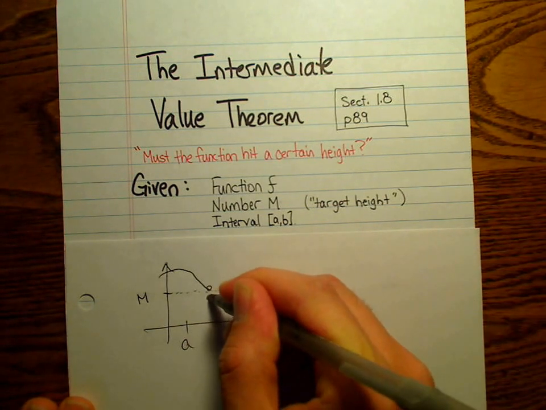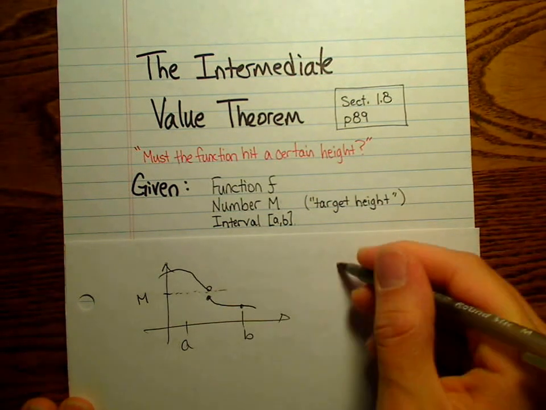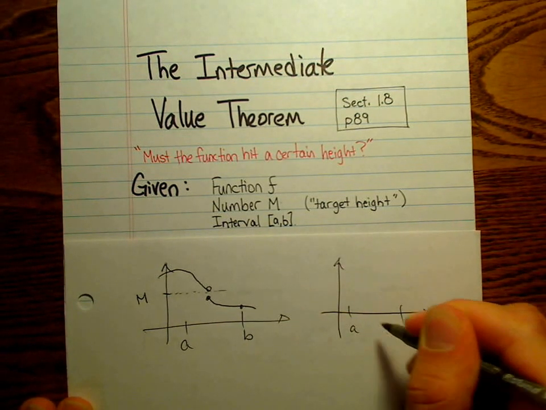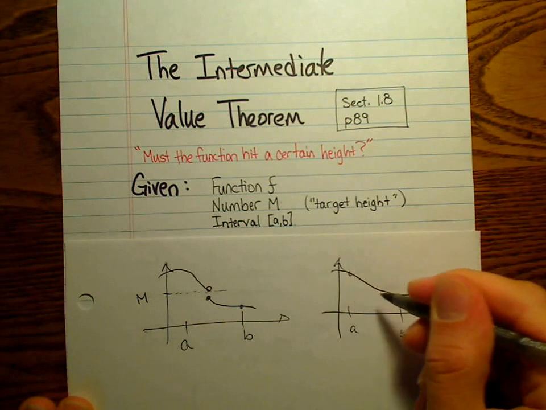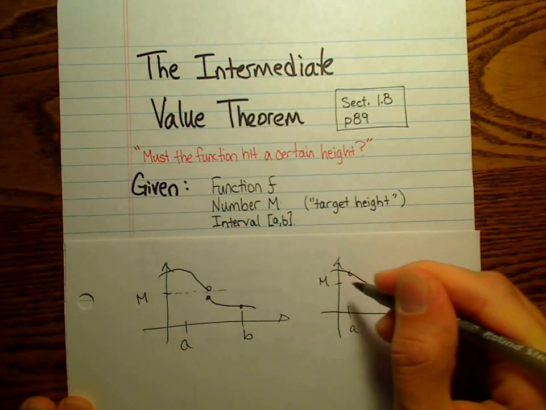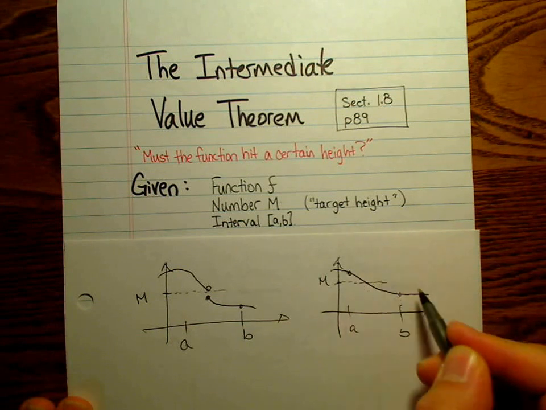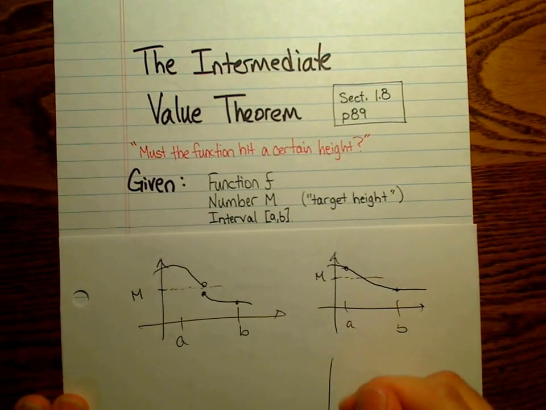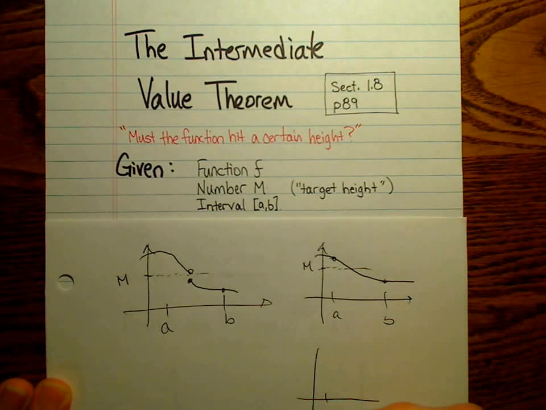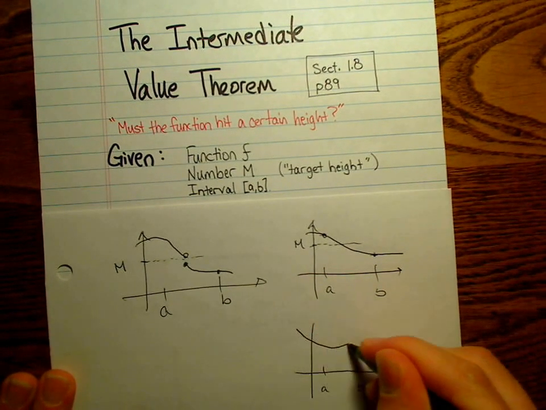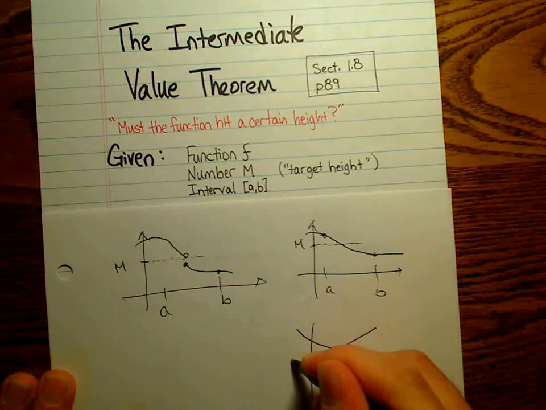This happens to jump over it, whereas if I had A, B, and it was sort of a smoother curve, I'd be guaranteed to hit that value in between that high and that low. But what if I had chosen something A to B, the curve did something like this, and the m I chose was down here?